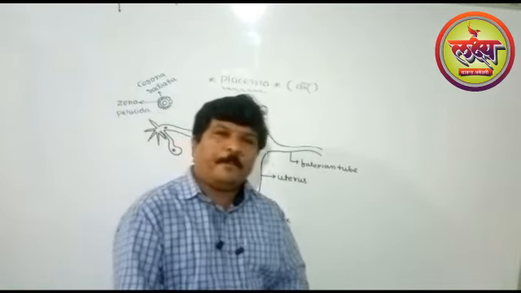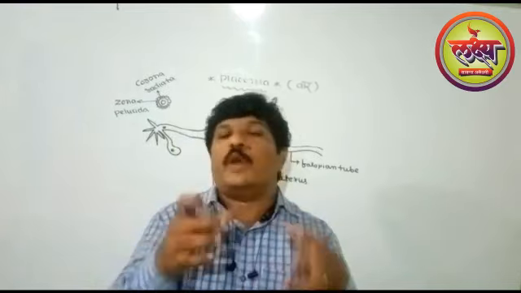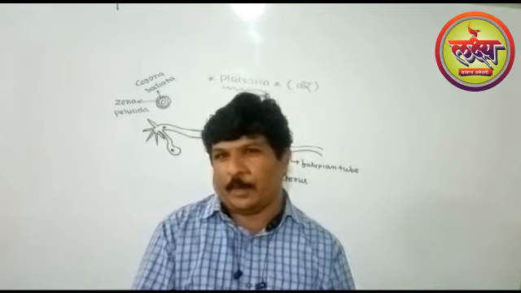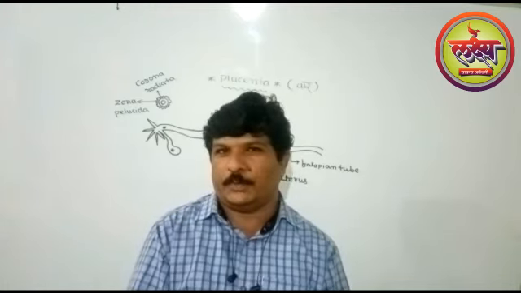This ovum, this female gamete, unites with the male gamete, that is the sperm, and then forms the diploid zygote.